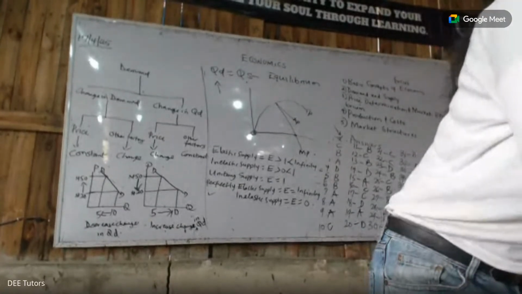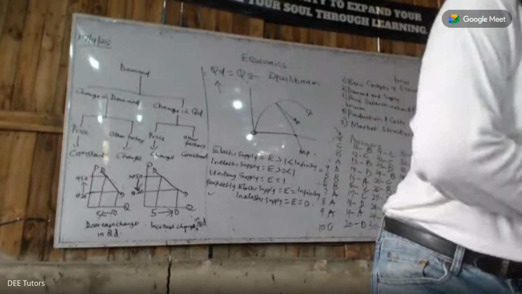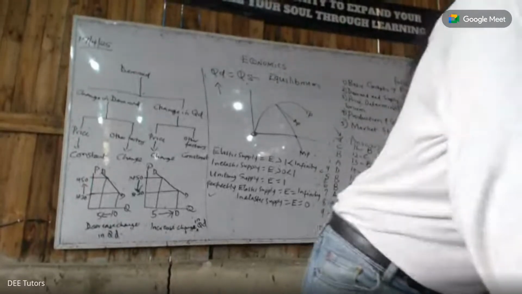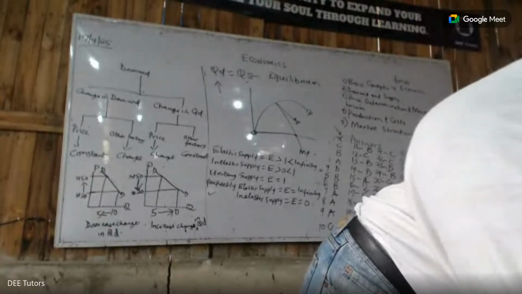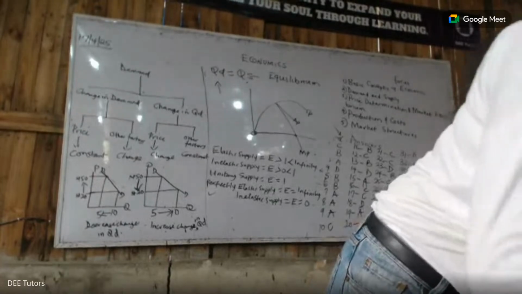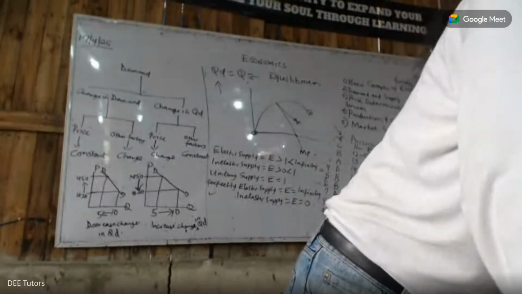A graph that shows the various cost concepts, marginal cost, average total cost, average variable cost, and all that. Now, they ask that the average total cost when 20 units are produced is dash.